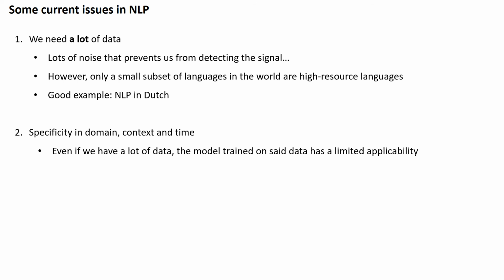Second problem is a strong specificity in domain, context, and time. So even if we have a lot of data, if we train a model on a large set of example data, labeled data, then still this model has only a limited applicability. Let's take an example of context applicability.